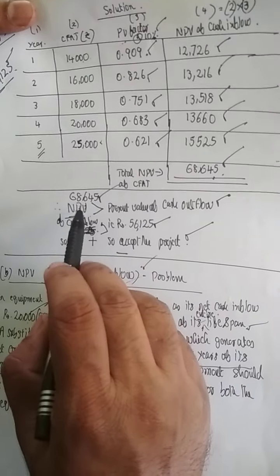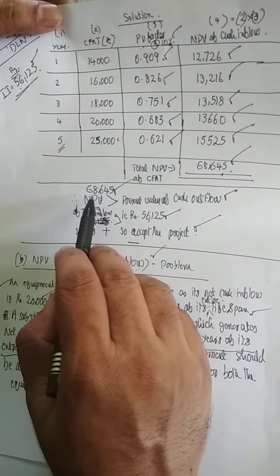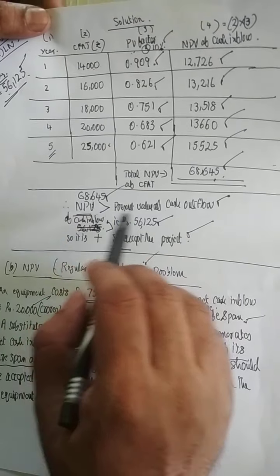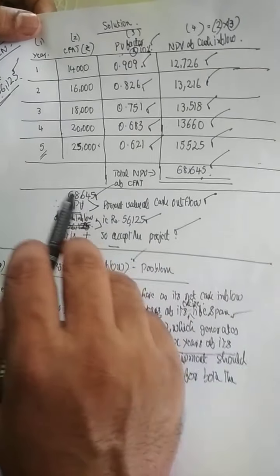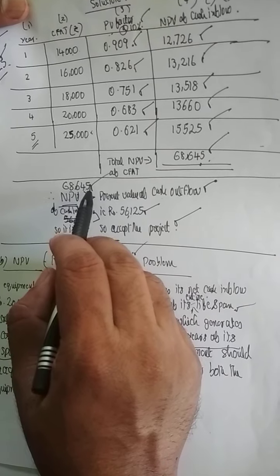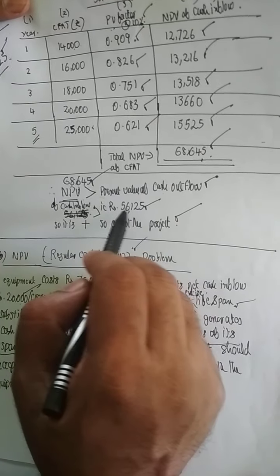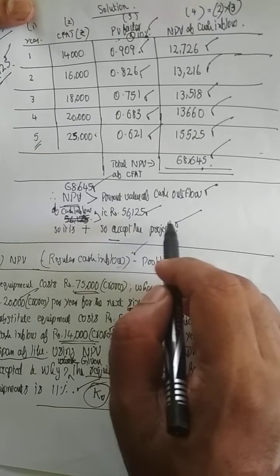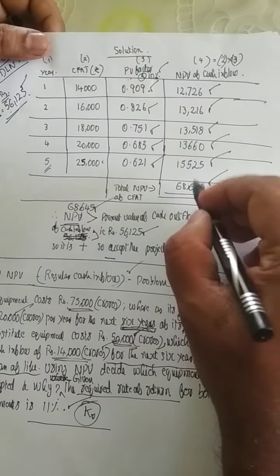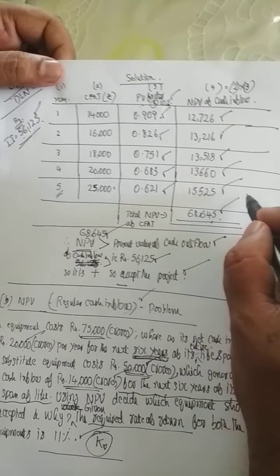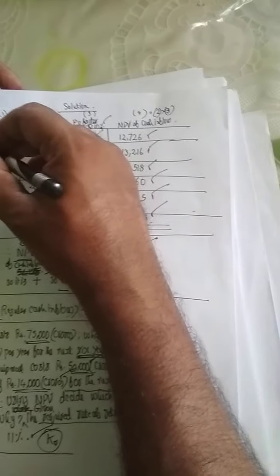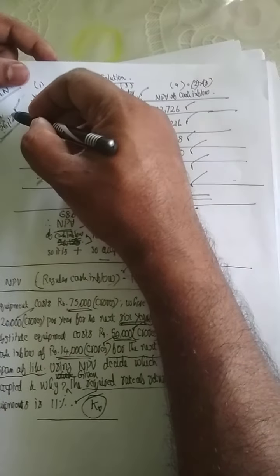In that problem, we compared the present value of cash inflow with the present value of cash outflow. As the present value of cash inflow is greater than the present value of cash outflow, we accepted the project.